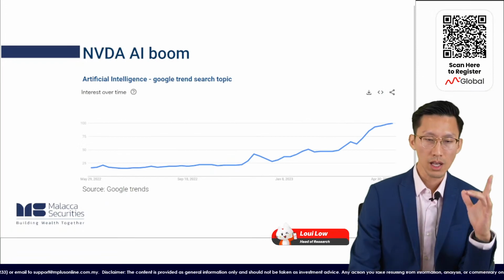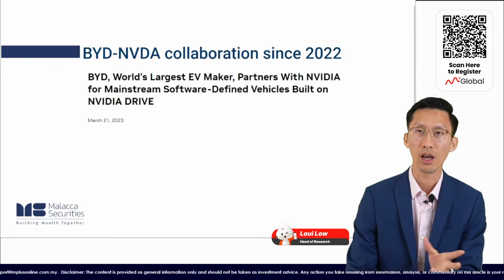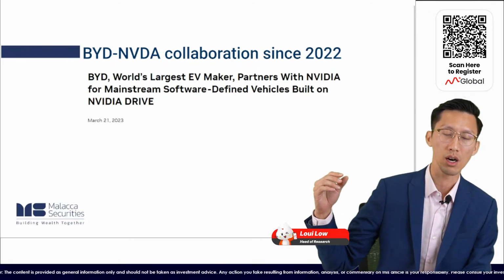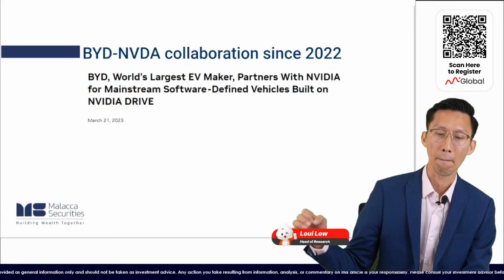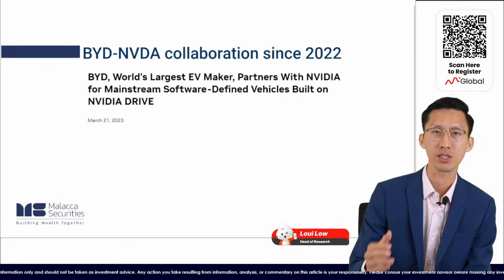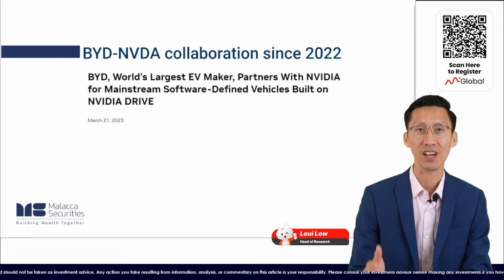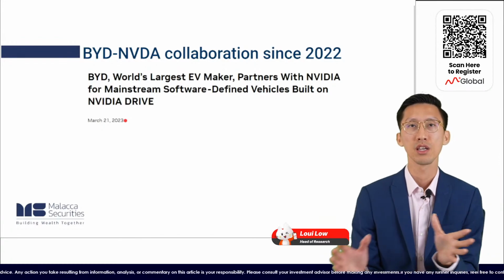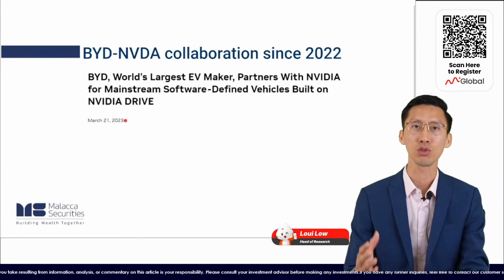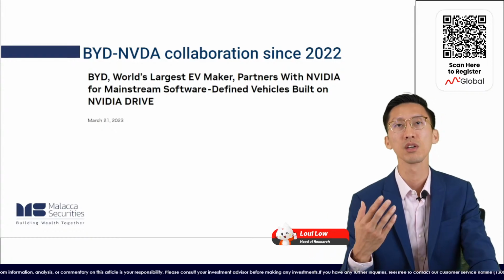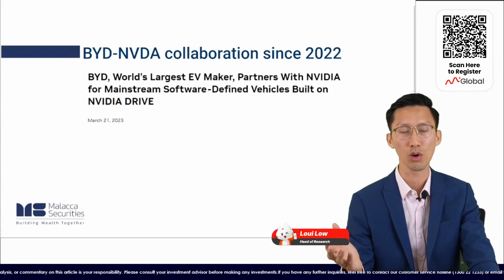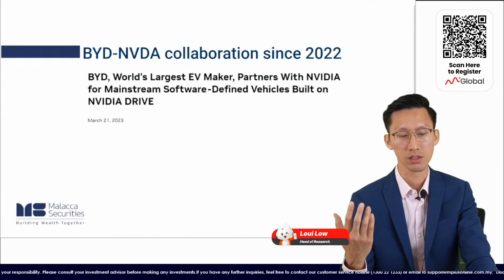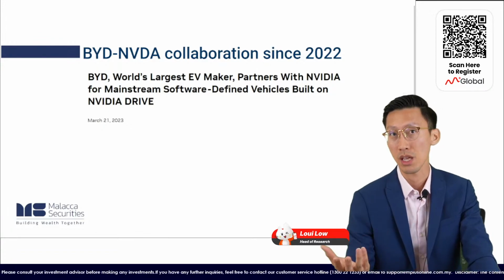So the last point for Nvidia is that BYD has a collaboration with Nvidia for one of the chips called Orin, and I think this collaboration was done since 2022, but they have extended it another year just recently. So basically, this is another space that they can go into because they want to build something stronger in terms of maybe the processor in this automotive segment, and provide maybe some of the capabilities of perhaps AI going forward.